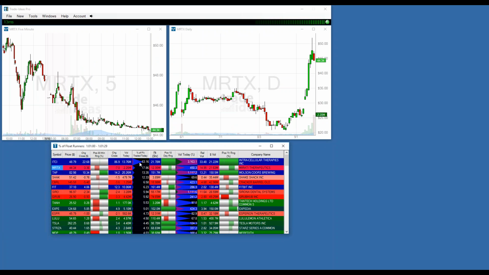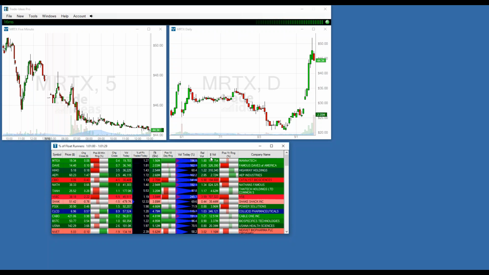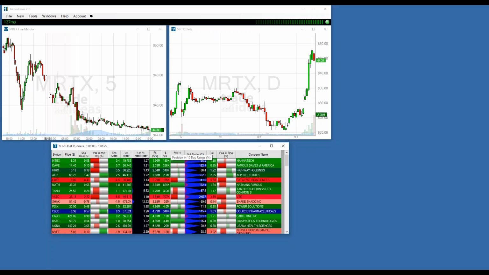But what we decided is that the percentage of float traded, using float as the combination of being able to access float data, for example, and dollar volume data as well, which I'm going to put right over here, made Brad and I kind of think about the concept of efficiency.